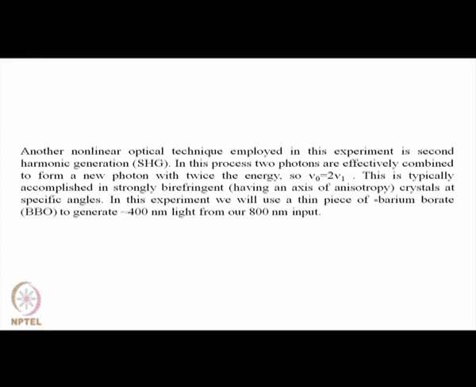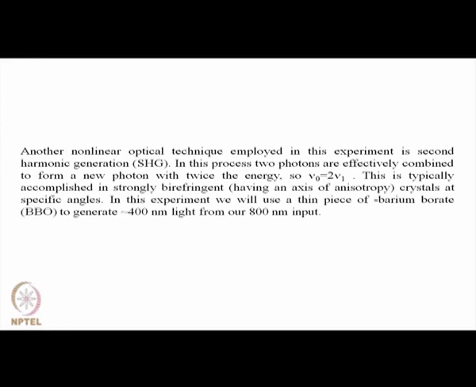This is typically accomplished in a strongly birefringent medium having an axis of anisotropy, like beta BBO crystal. Okay, so beta barium borate and like those. BBO crystal, or maybe other crystals as well, having this geometry.